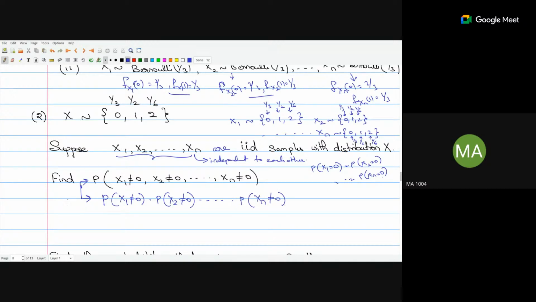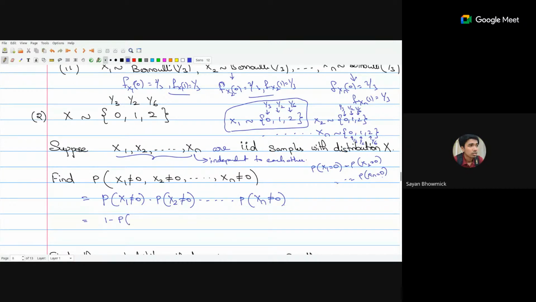Once I split this into a product of marginals, I know the distribution of X1, and I can also compute the probability that X1 not equals 0.